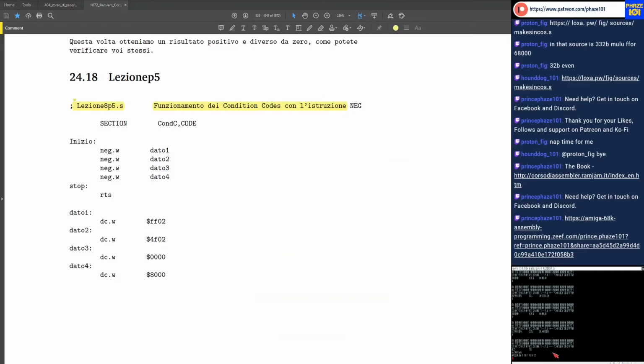This is the negate instruction. Basically we have values in data 1, 2, 3, and 4, and we are going to negate them, change them into negative numbers or whatever. And you're going to see how the values are going to change and how things are going to be set.